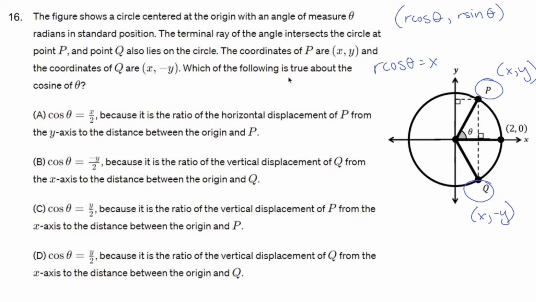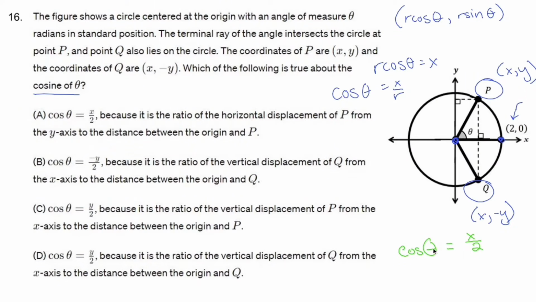Now, if I want to find out what cosine of theta is, dividing both sides by r tells me that cos theta is x over r. Now, what else do I know? Well, x is x. That doesn't help me. Ooh! That 2 means I go from the origin all the way out to 2. That's a radius, which means r is 2. So I can write this guy as cos theta equals x over 2.